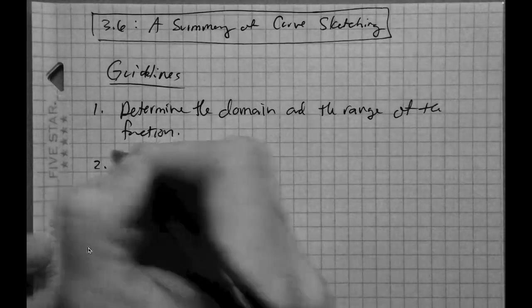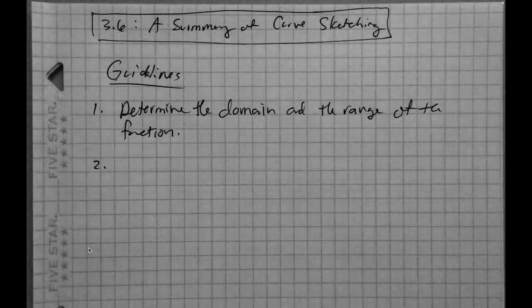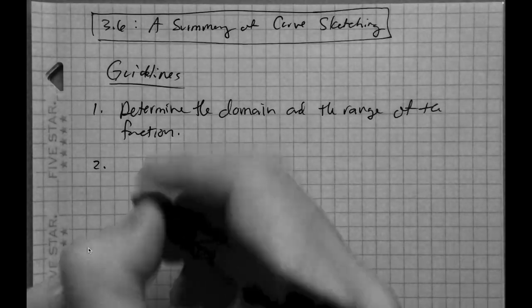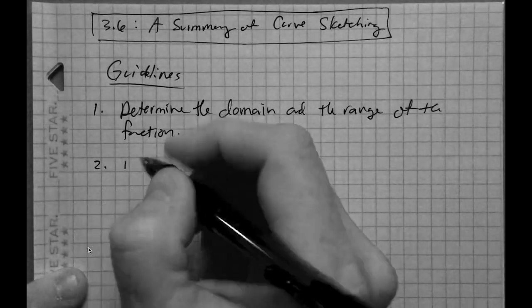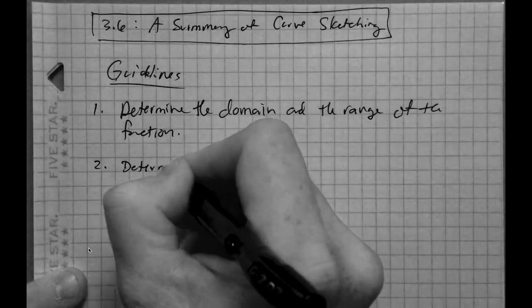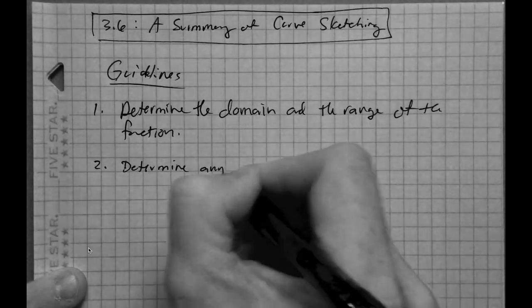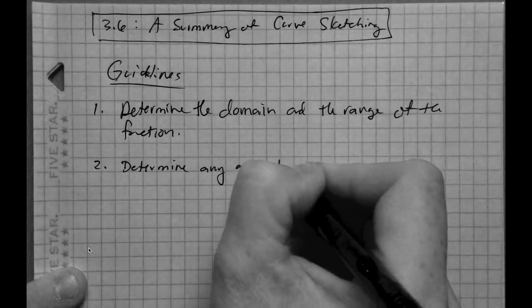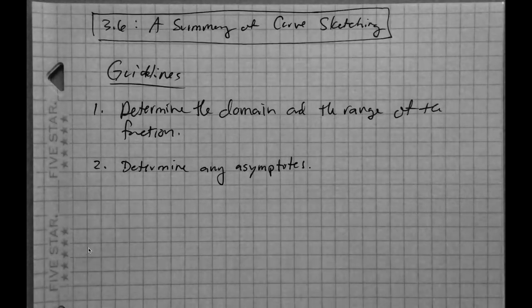Okay, the next bit in there would be to identify asymptotes and symmetry of the graph. So determine any asymptotes. And we know how to do that using critical values, specifically domain restrictions, that kind of stuff.